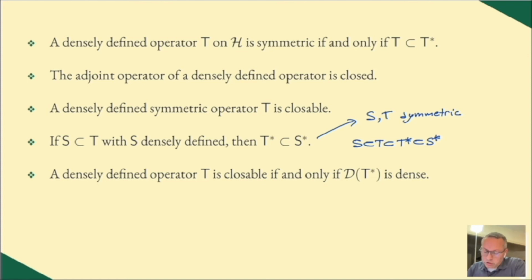But I just want to add one remark here. For a densely defined operator, we have defined the adjoint. We know what the domain is, but there's no guarantee that the domain is dense. At least when T is closable, you know that the domain of the adjoint is a dense set.